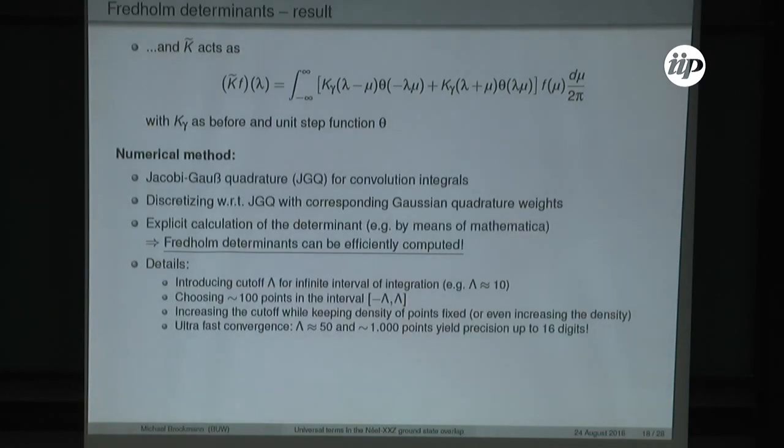For the convolution integrals, you just use the Jacobi-Gauss quadrature method, and then you discretize this integration with respect to this Jacobi-Gauss weight. This is a certain algorithm which is implemented in many programs. I just use Mathematica, and it is implemented there.